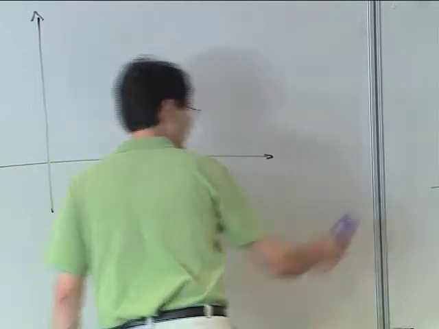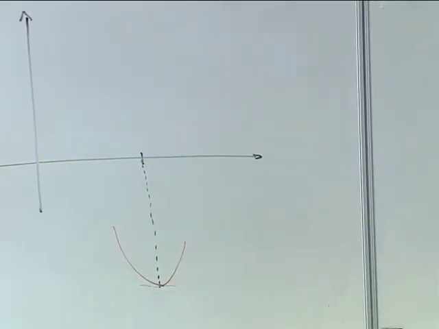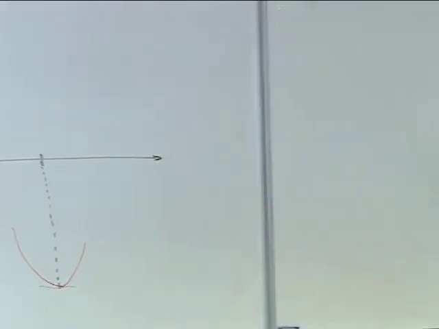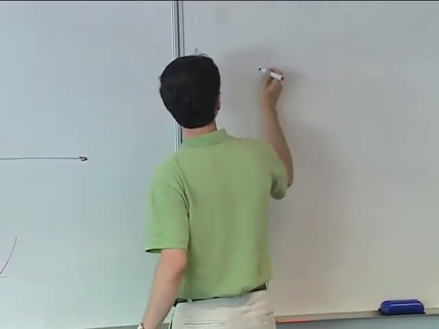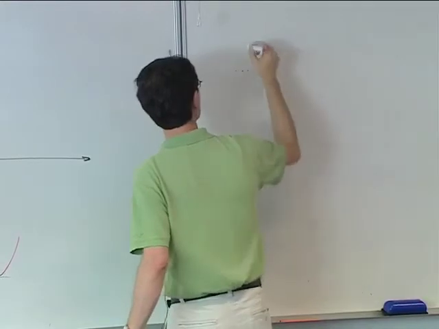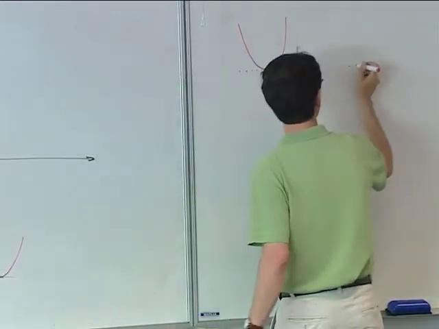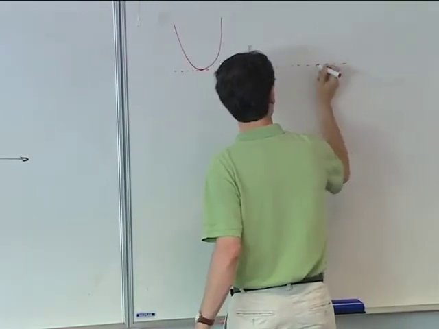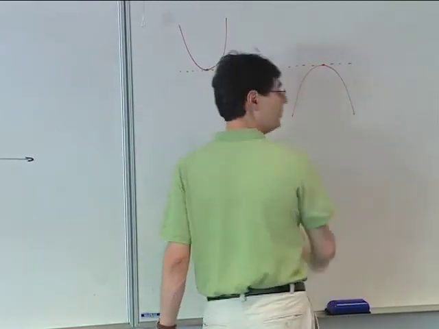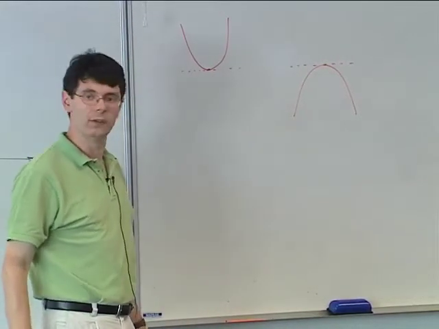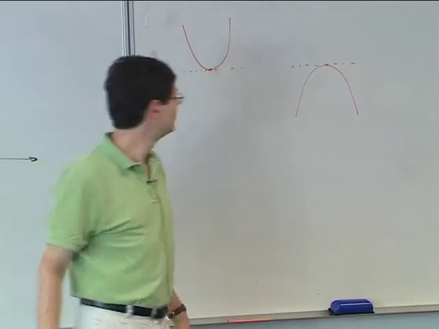Let's draw these possibilities here. It could be like this, in which case it's a local minimum. It could be like that, in which case it's a local maximum. And now I'm going to do something that's extremely perverse. It could be like this.